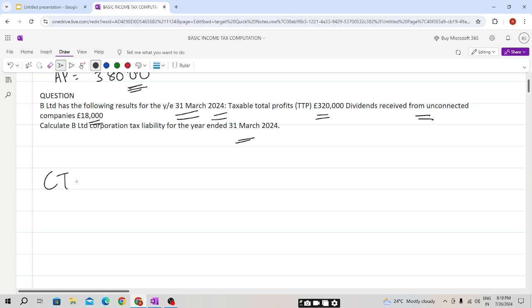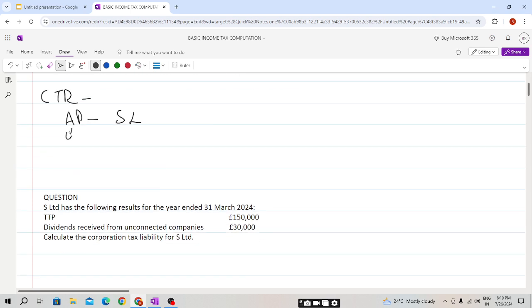So corporation tax is paid on TTP, already mentioned as 320,000, and the corporation tax rate will be determined by comparing the augmented profits with the statutory limits. The augmented profits are TTP plus dividends from non-associated companies, that is non-connected companies.